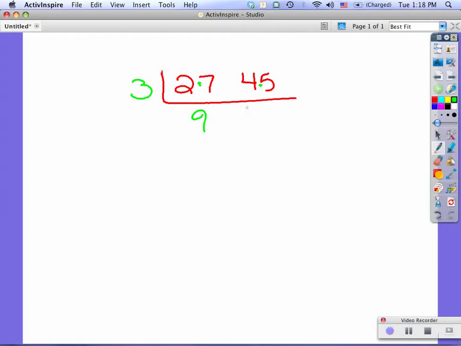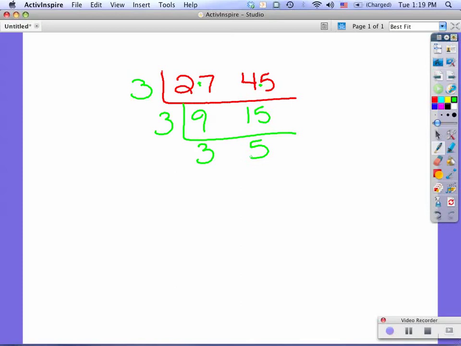3 goes into 45 15 times. Look at those two numbers. Can we continue to divide them evenly? Yes. What number goes into both 9 and 15 if I'm talking about 2, 3, or 5? 3 goes into both those. So I'm going to make another tier. That's what you call it. 3 goes into 9 3 times. 3 goes into 15 5.